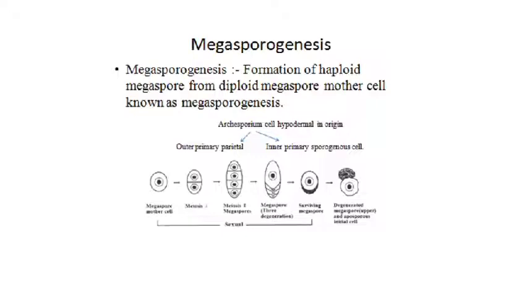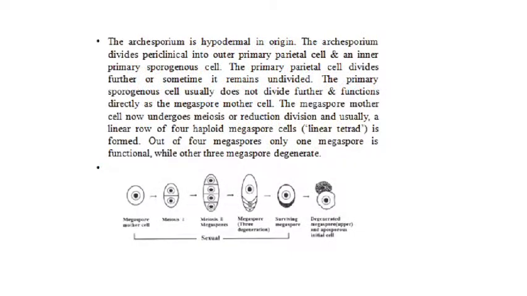Out of 4 megaspores, 3 megaspores degenerate and only 1 megaspore is functional. Look here, this is the functional megaspore and 3 megaspores are degenerated. In the theoretical portion, the archisporium is hypodermal in origin.